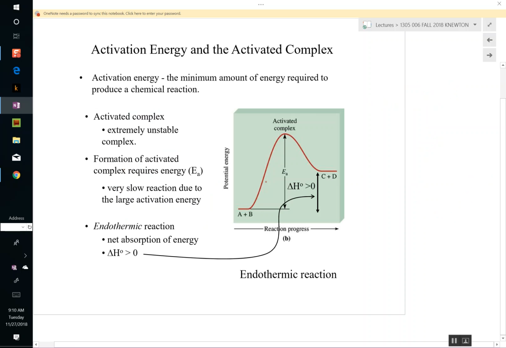Even if the reaction is endothermic, there is still a big hump you have to get over, and then you come down to the final energy of the products. That is your activation energy right there, the difference, the additional energy that's needed to get this reaction going.